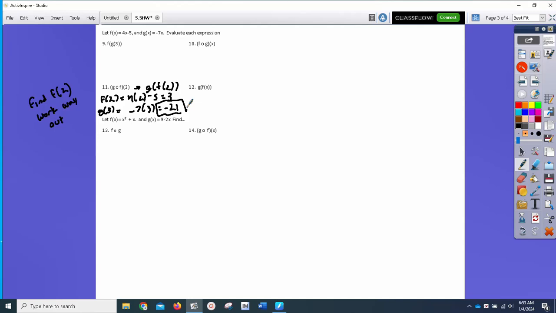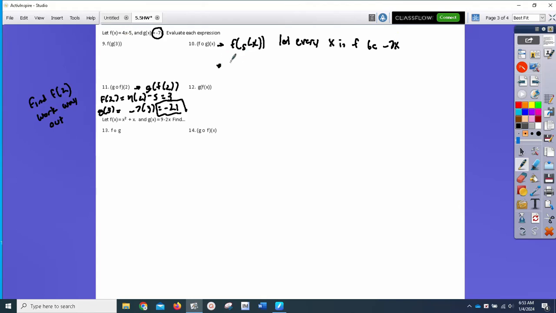Maybe I'll do 10 instead of 12. 10 is f of g of x. And that means that I let every x in f be g of x, because that's what g of x is.